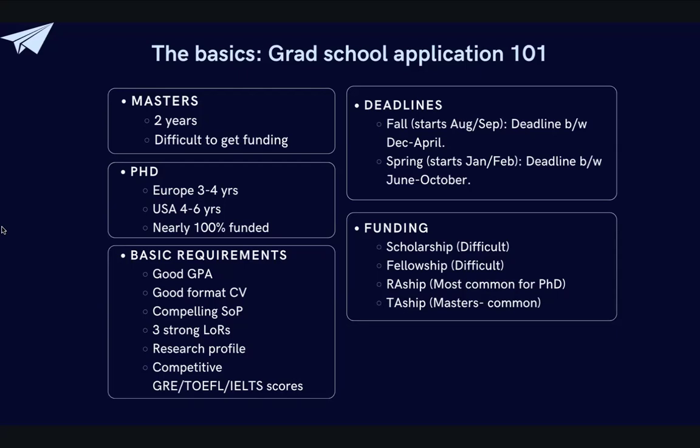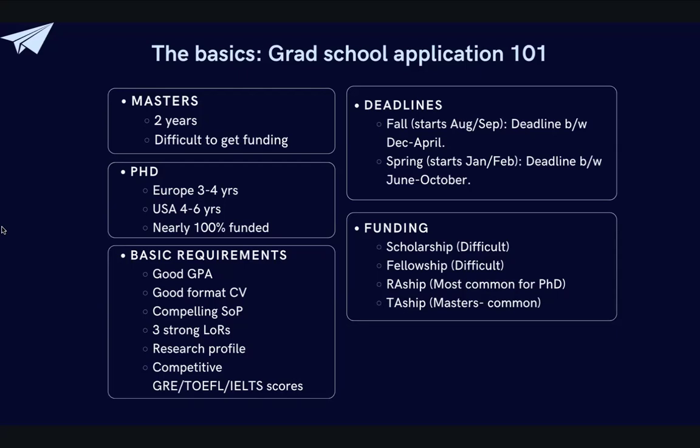Then, funding. Like I said, for masters, it's a bit difficult. Even if it's difficult, I would suggest you apply for scholarships once you get into universities of your choice. So start thinking about scholarships that you can apply to when you get admits from universities. That is a good possibility of getting funding. And then, like I said, fellowships, RAs and TAs are good ways to get funding when you're applying for your PhD.